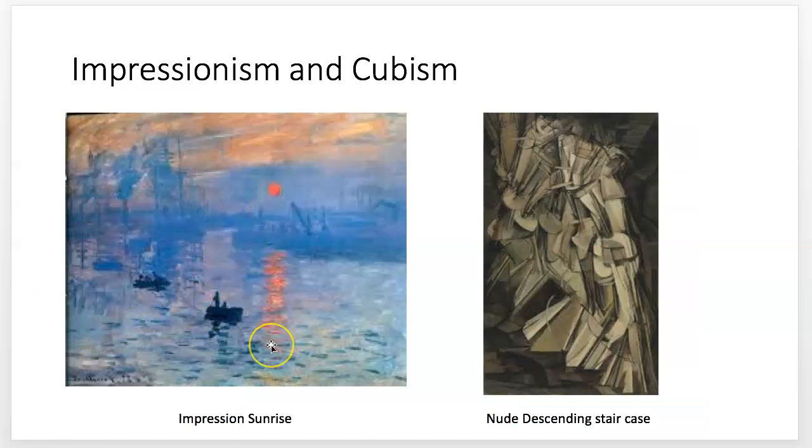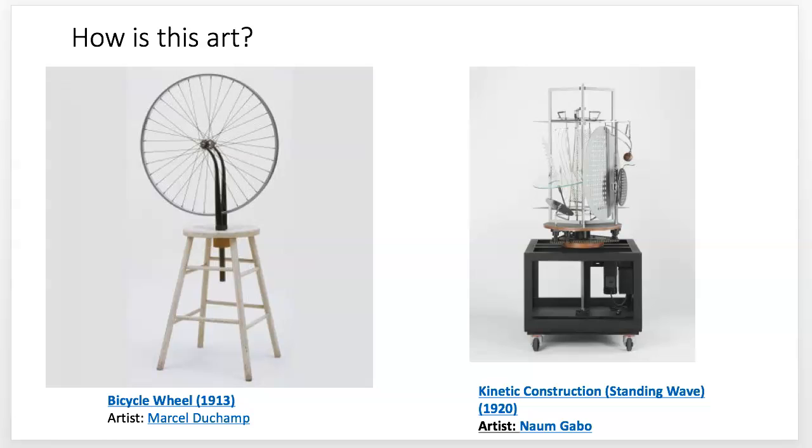This is Impression, Sunrise by Monet, and it has an idea of sensing movement and light and the play of light and movement, as well as this Cubist piece by Braque called Nude Descending a Staircase, so seeing it from multiple directions in painting.